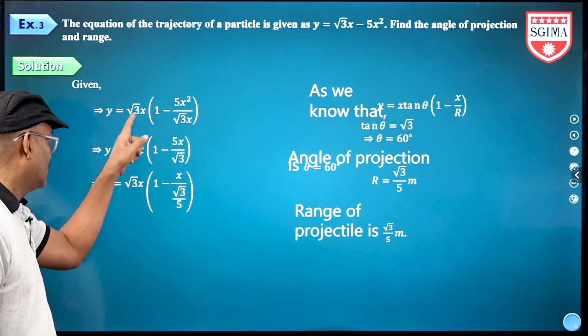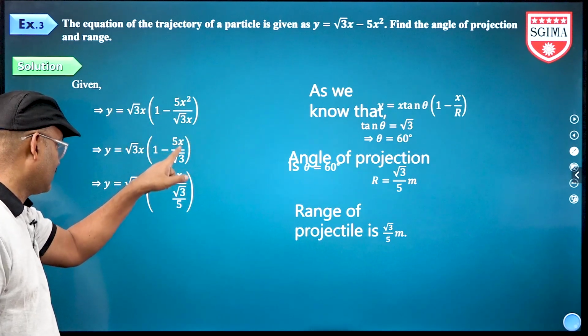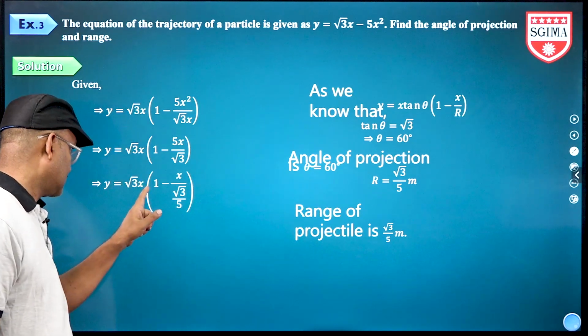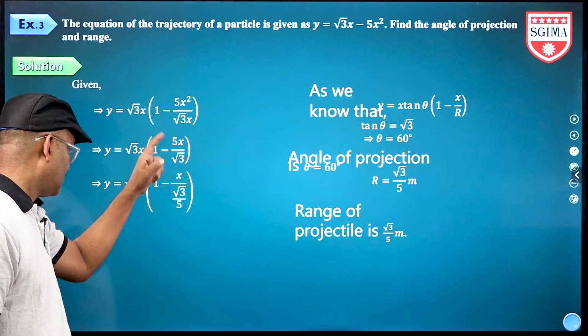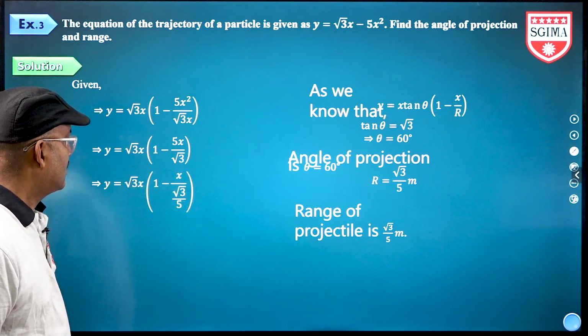So, y is equal to root 3 x into 1 minus, x will cancel, 5x by root 3. So, y is equal to root 3 x into 1 minus x by root 3 by 5.